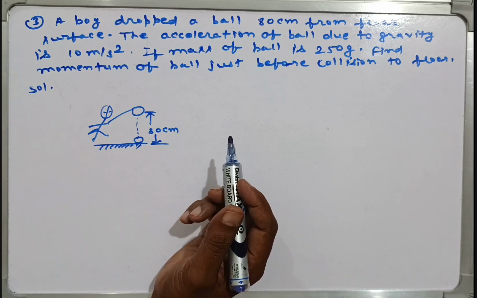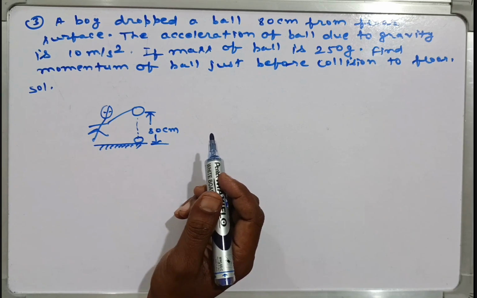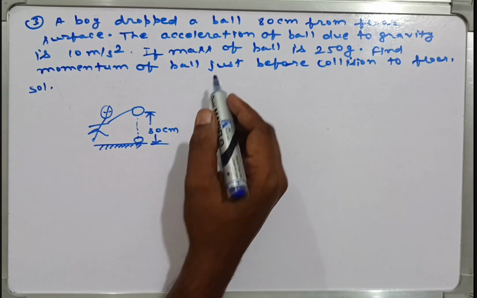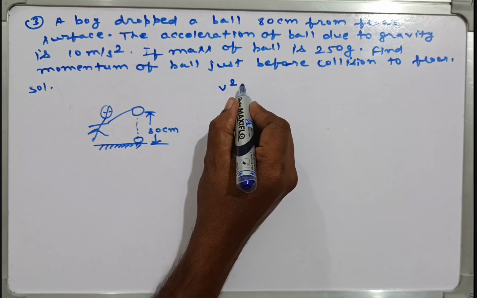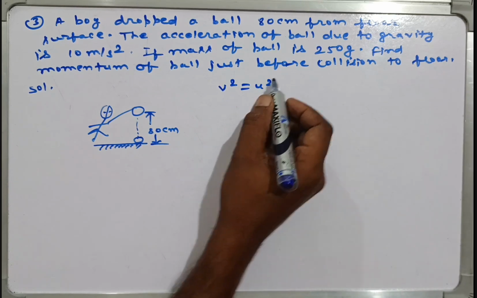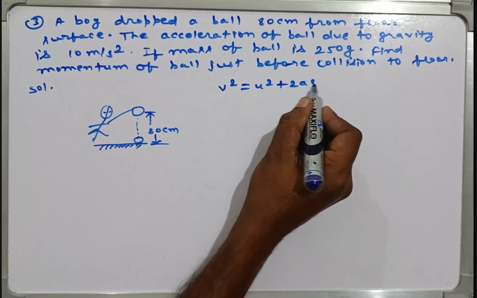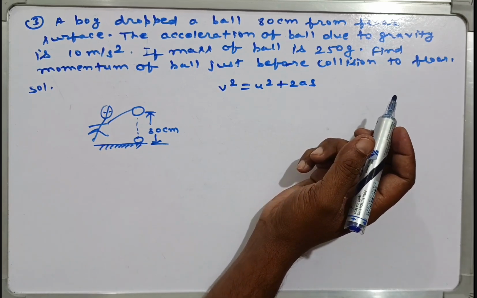Okay, so guys, you know v square equal to u square plus 2as.